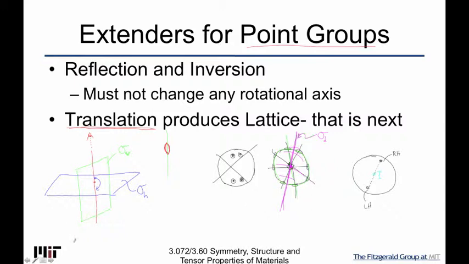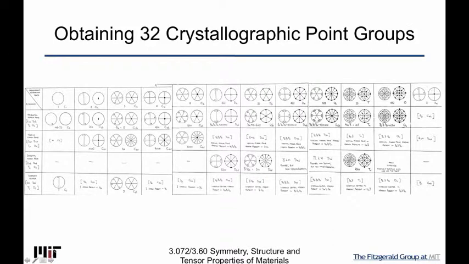Okay, now the map for just finishing this part. Again, we're still focused on point groups, and we're adding these extenders to the axial combinations we've already derived. And so what I'm going to show you next is a table.